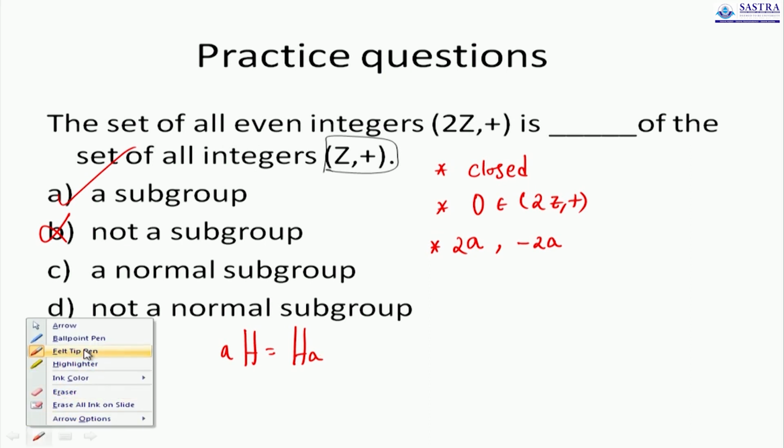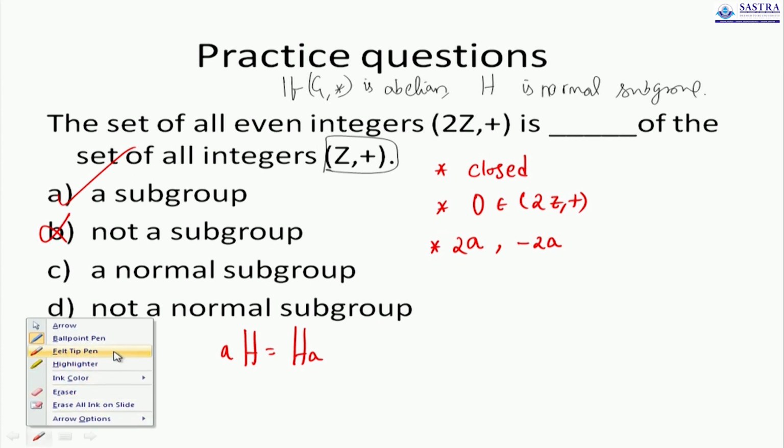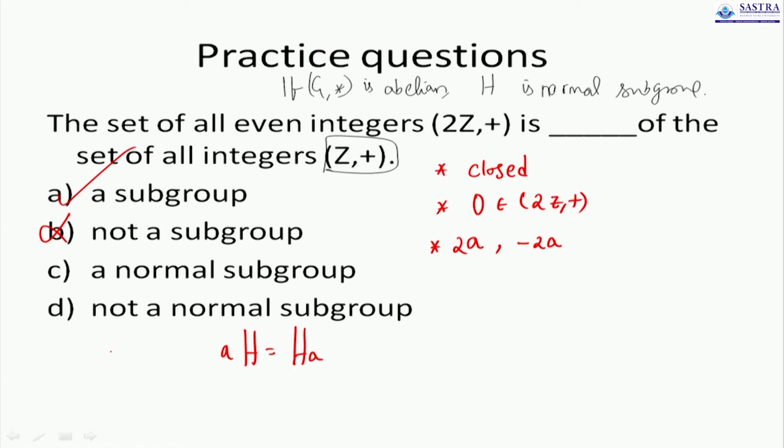We saw that if G star is abelian, any subgroup H is also a normal subgroup. So you don't even have to verify whether the left and right cosets are identical, you can directly see that they will be identical and therefore it is also a normal subgroup. So obviously option D is also incorrect.